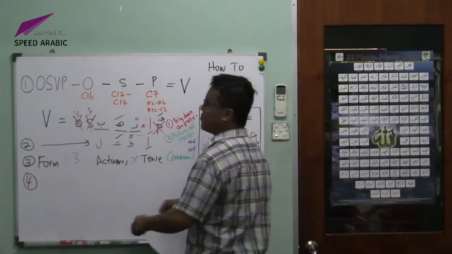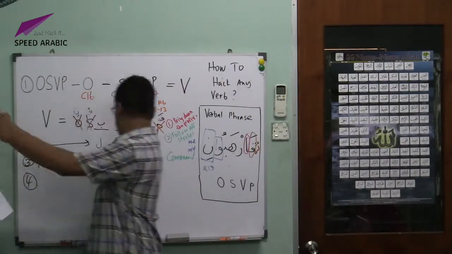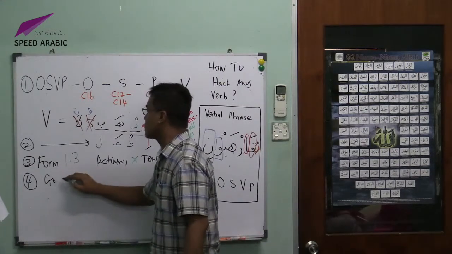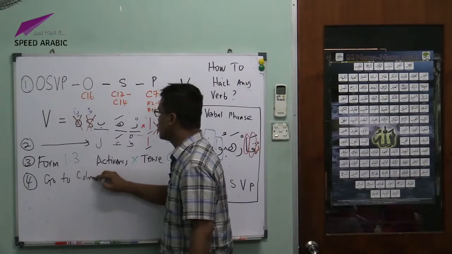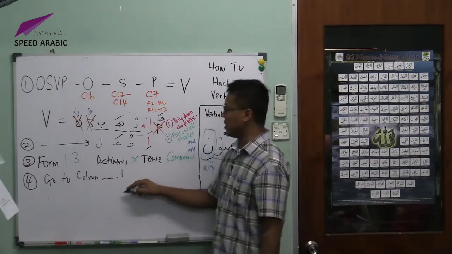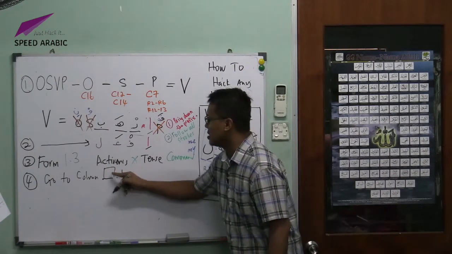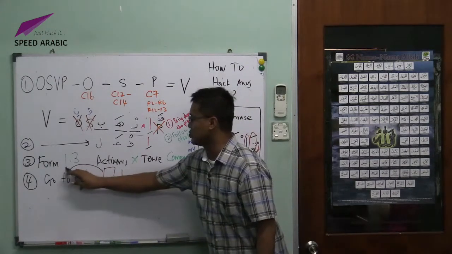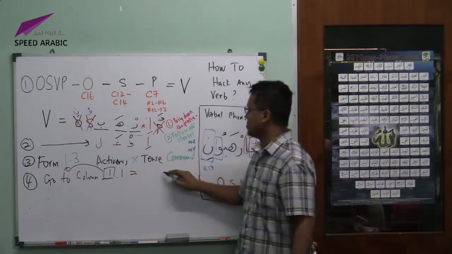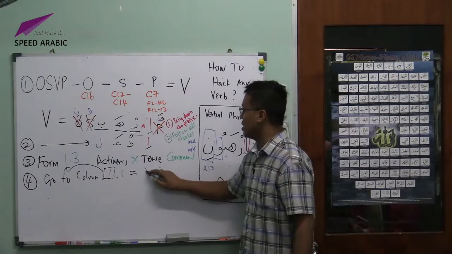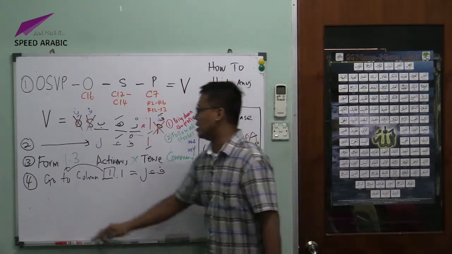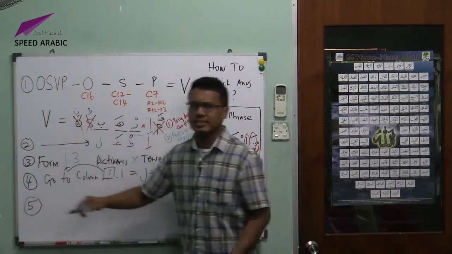You see fa'ala. Okay? So, when you convert, you go to column 1.1. Okay, 1.1. This thing you will get from here. It's 1.4. So, you go to 1.1 and you get fa'ala. You get fa'ala. That's it.